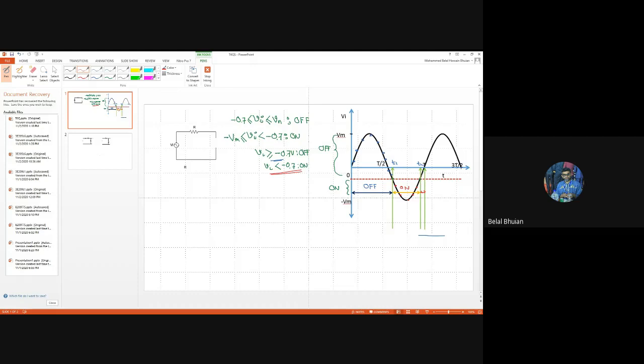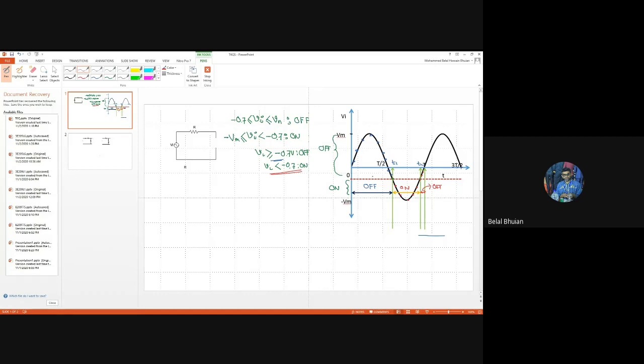Again, this interval, notice if you pick any point on this signal, they are just above the transition state line. So again for this part, that is off. So we know time-wise as well when the diode is off, when the diode is on, and again when the diode is off. I have a clear picture about the conduction state of the diode inside the circuit.